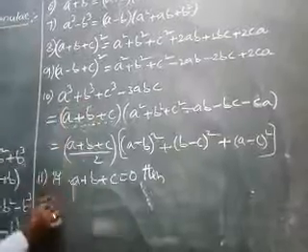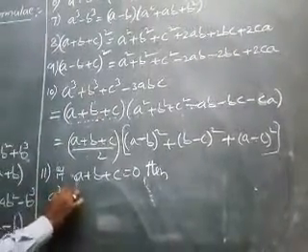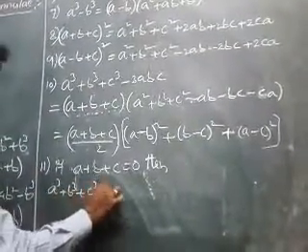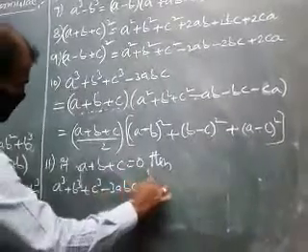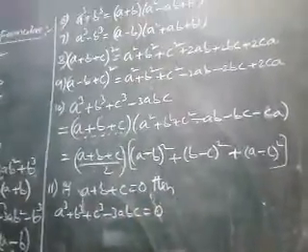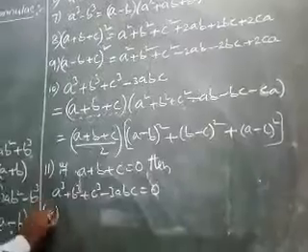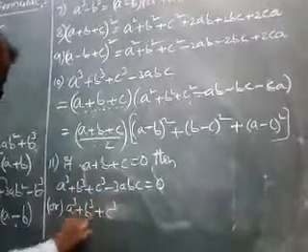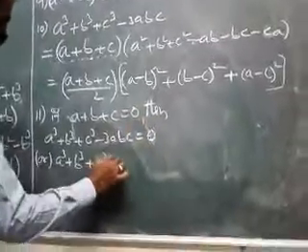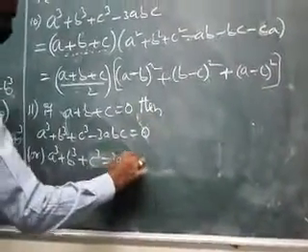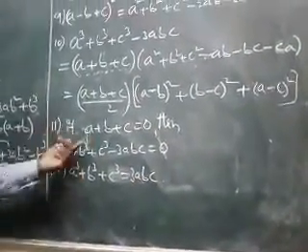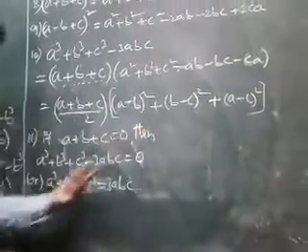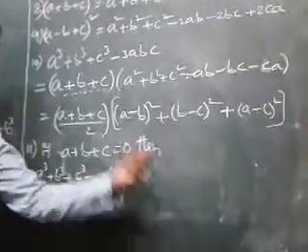Then a³ + b³ + c³ − 3abc = 0. Otherwise, rewrite like this: the −3abc on that side becomes +3abc. This is the condition of the formula: if a + b + c = 0, then a³ + b³ + c³ = 3abc.